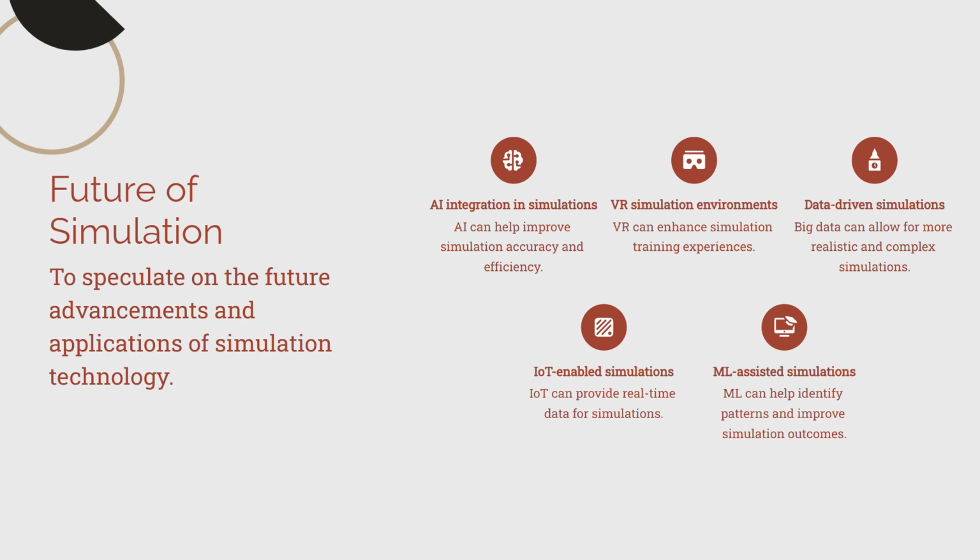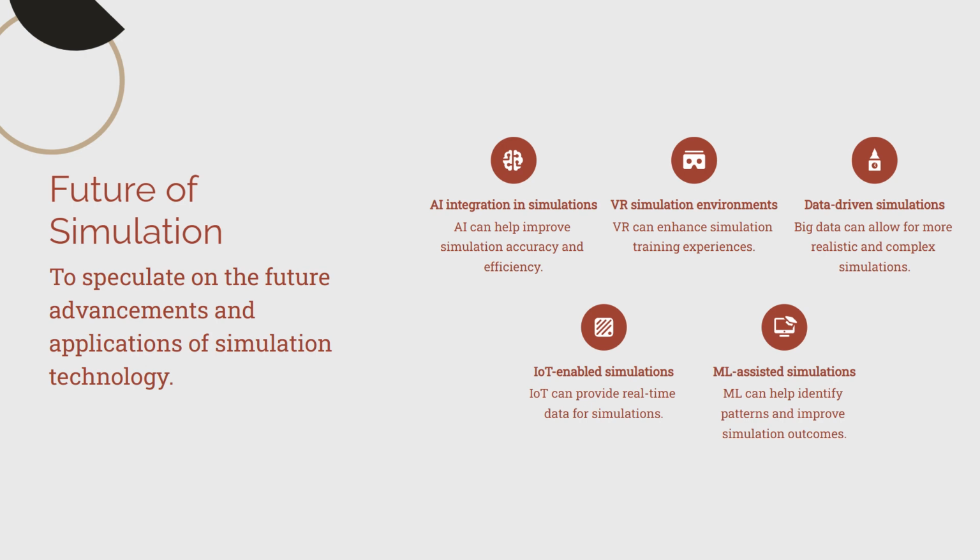As AI and machine learning technologies continue to advance, they are likely to play an increasingly important role in simulation. For example, algorithms could be used to optimize simulations or to automatically generate simulations based on input data.